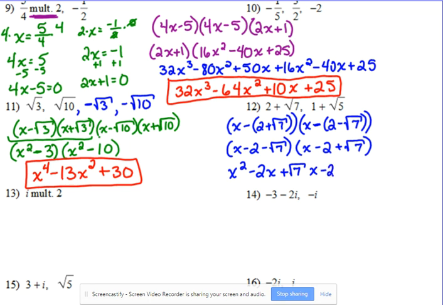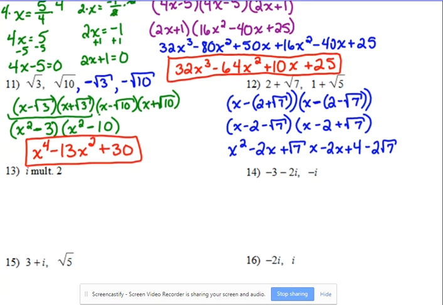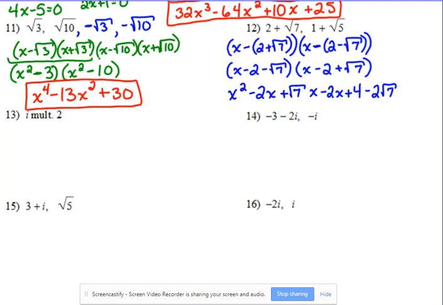Negative 2 times x. Negative 2 times negative 2 is positive 4. Negative 2 times the square root of 7. And then I'm going to run out of room, but distribute the negative square root of 7 to everything. Negative square root of 7x plus 2 square roots of 7 minus, because it's a negative times a positive, square root of 7 times the square root of 7 is 7.